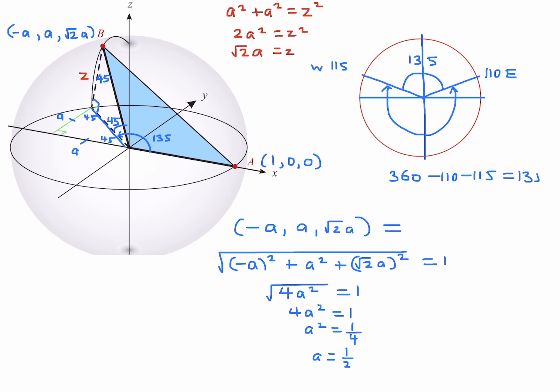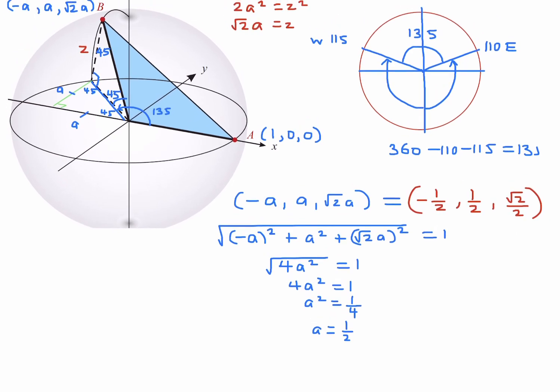So that means the coordinates of this point are minus a half, a half, and root 2 over 2. So now I can figure out the distance from B to A, that right there. The distance from B to A, I can use the distance formula, and I can do that over here.